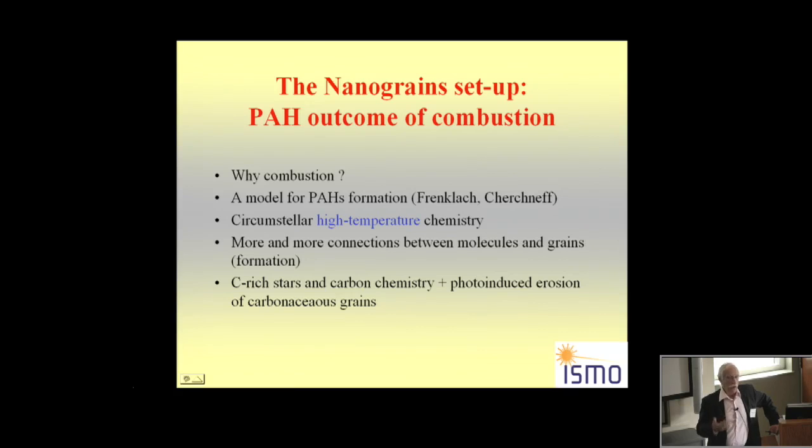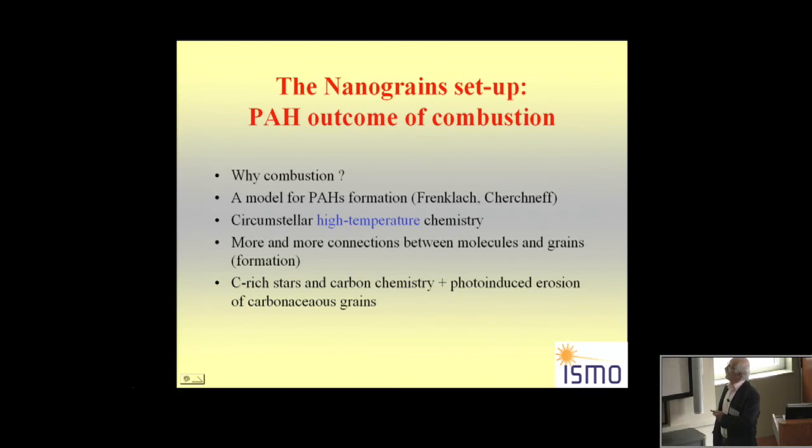So, a way to form a whole family of PAHs, and it is well known, is to burn anything carbonaceous, something which contains carbon atoms. The best accessible is just small hydrocarbons, like ethylene or acetylene.